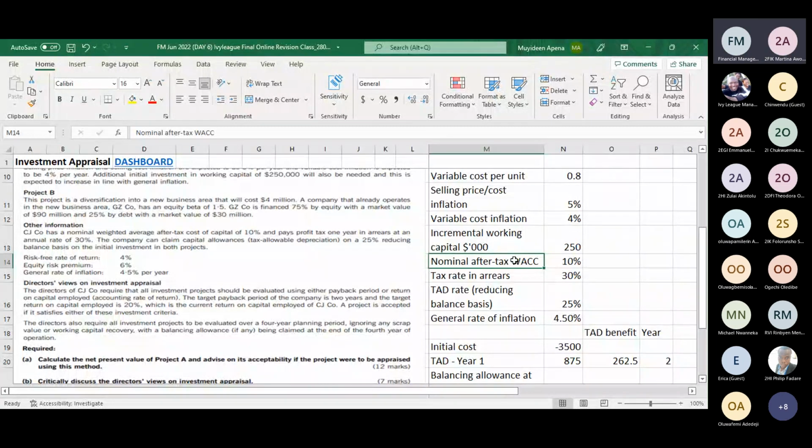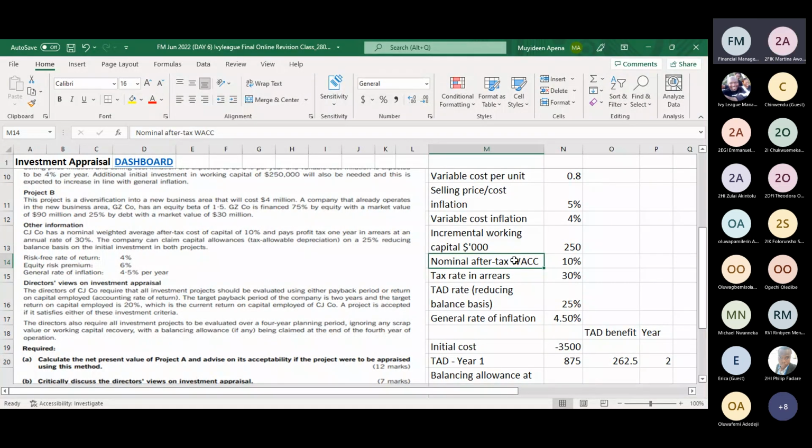The target payback period of the company is 2 years, and the target return on capital employed is 20%, which is the current return on capital employed of CJCO. The project is accepted if it satisfies either of these investment criteria. The directors also require all investment projects to be evaluated over a 4-year planning period.